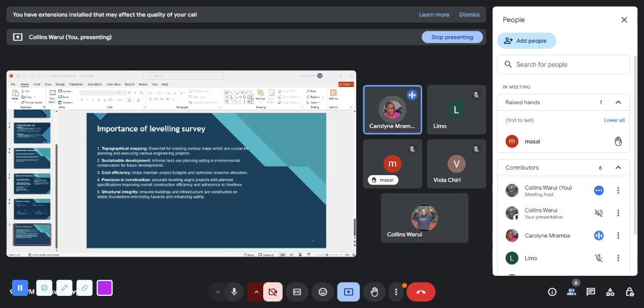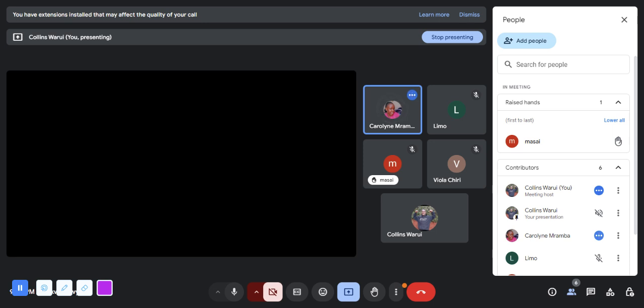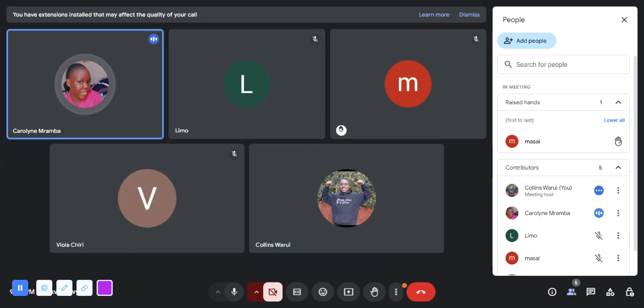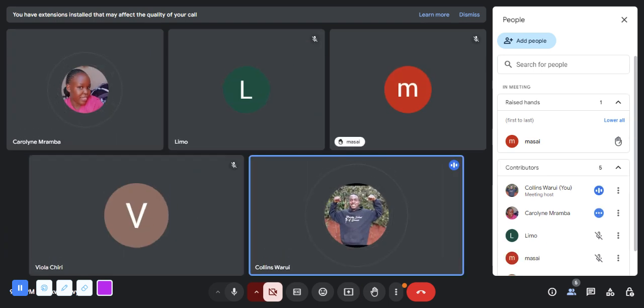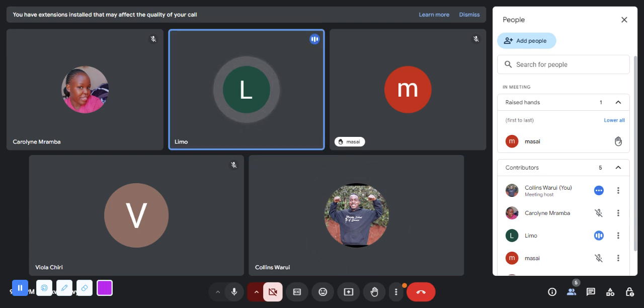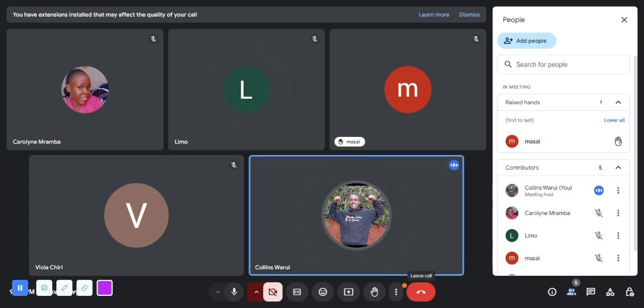I have learned types of leveling, of which we have direct and indirect. Limo, thank you. Thank you, Caro. I've learned on the importance of leveling. That's a good try. Masai.